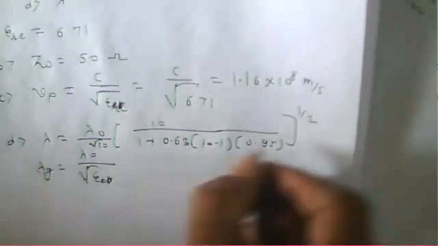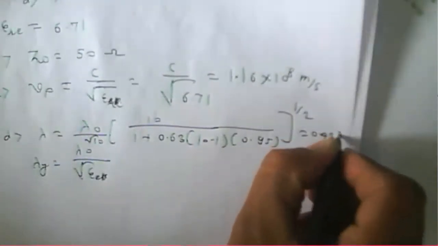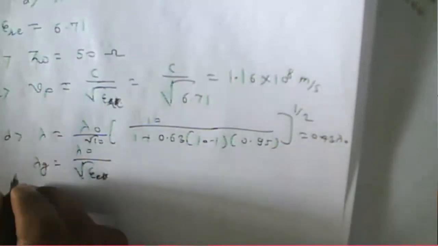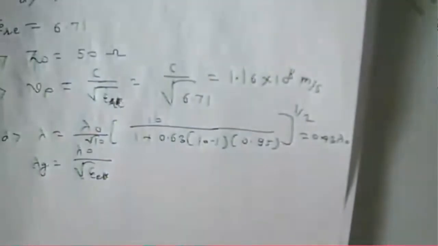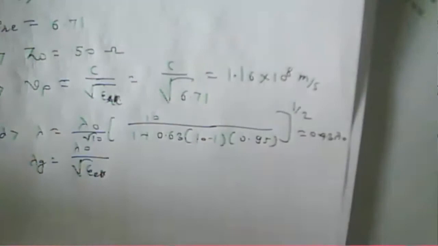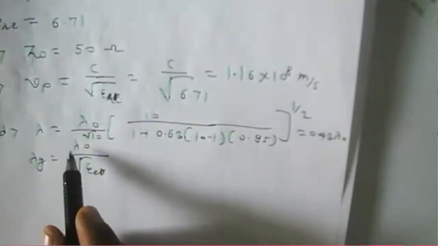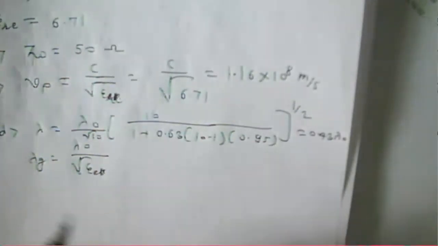Lambda is equal to lambda 0 by root of epsilon effective, and the equation for this epsilon effective gives 1 plus 0.63 times (10 minus 1) to the 0.95. That is about the thickness.